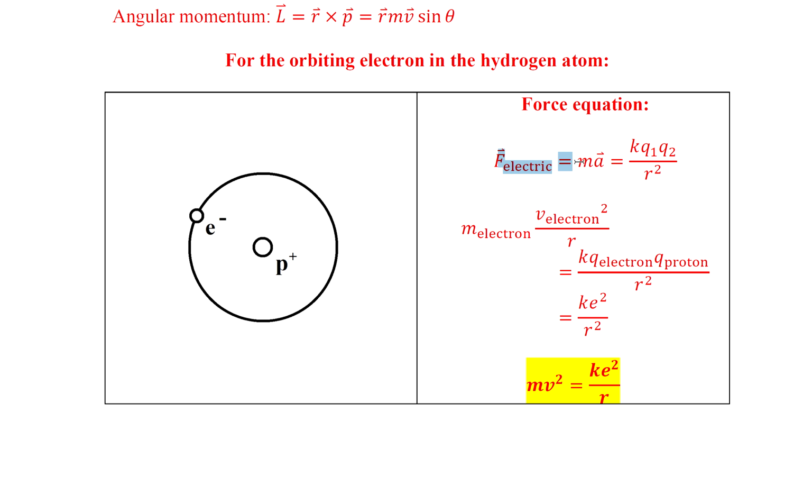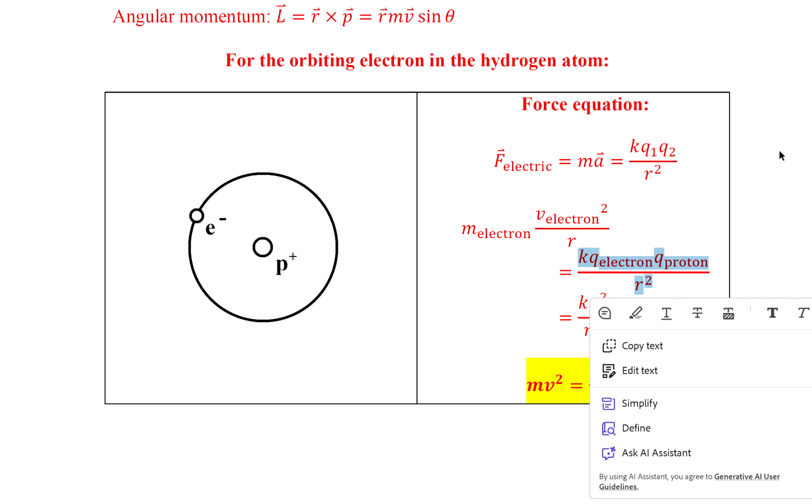We have F equals ma, which is k q1 q2 over r squared. We know the acceleration in circular motion is v squared over r. So the electron is moving in a circle. So the mass of the electron times v squared over r is equal to k q1 q2 over r squared.